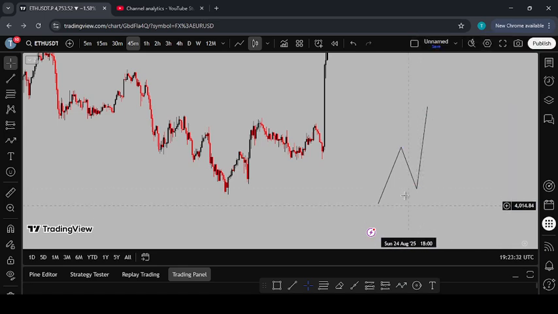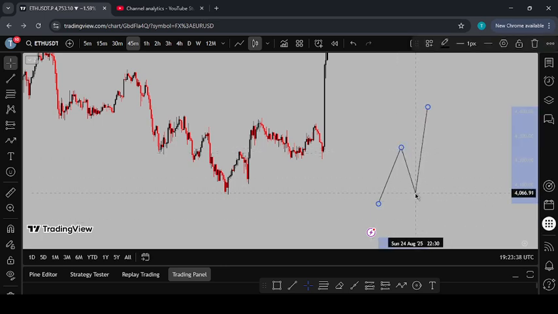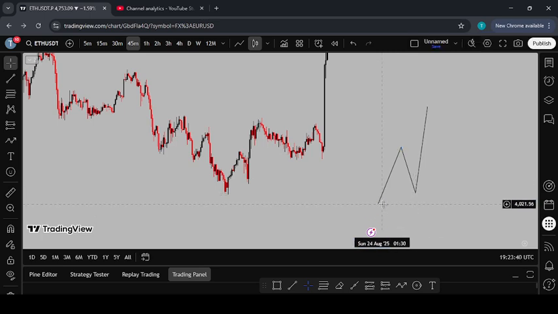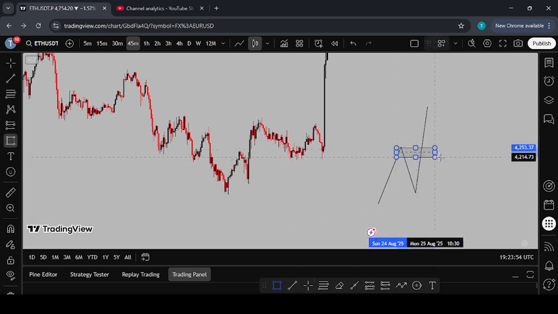Now, you cannot call this a breaker block. It did not actually create that break. It mitigated this particular order block and rejected. Now, if the structure is bullish, the last bullish structure here, the last bullish structure before the market started retracing, is now called the mitigation block.